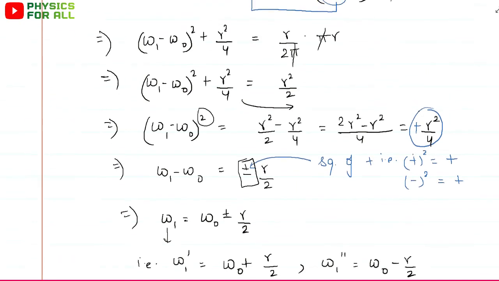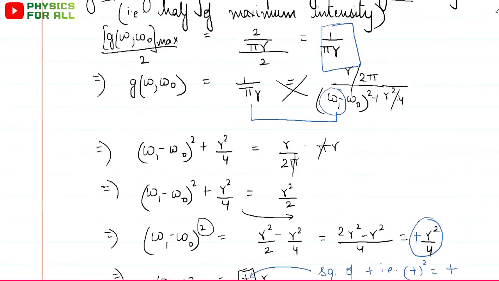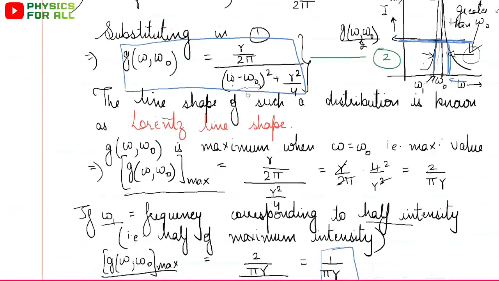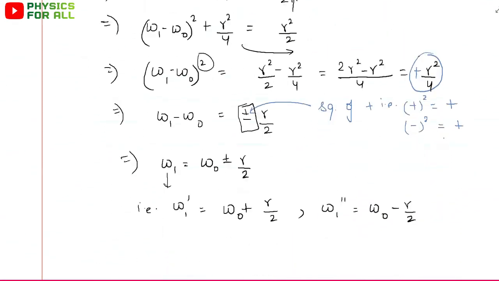Obviously you can see one of the frequencies would be to the left of omega naught, that means lesser than omega naught, and the other would be to the right of omega naught, that means greater than omega naught. So this was our main thing.